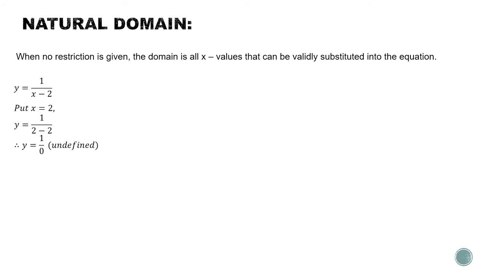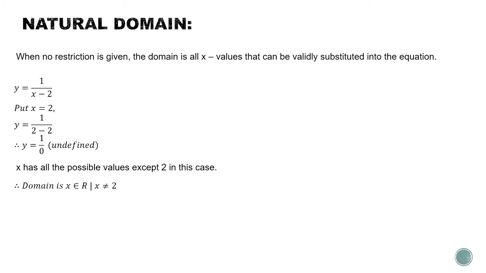So we can say that x has all the possible values in this case except 2, because if you put 2, the equation becomes undefined. So in a broader way, the domain of this given equation can be written as x has all the possible values of R, the real numbers, except 2. That becomes your natural domain.